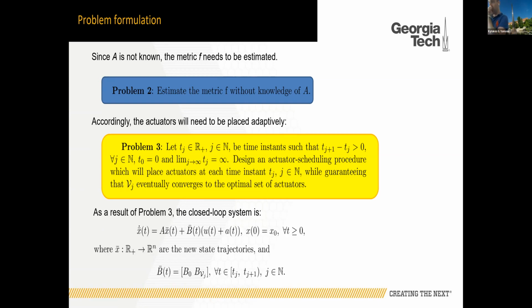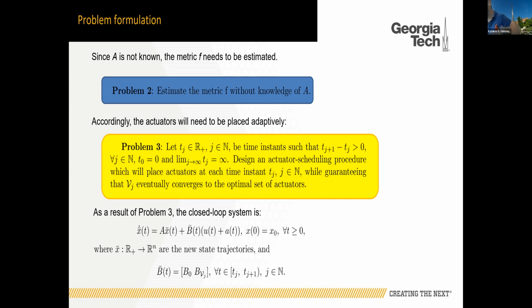Now, what you will see here is that I will reframe everything with respect to problem 3. I can place my actuators only at specific times. I cannot move actuators every millisecond because it's expensive, or it doesn't even make sense because I don't have time to control my system.